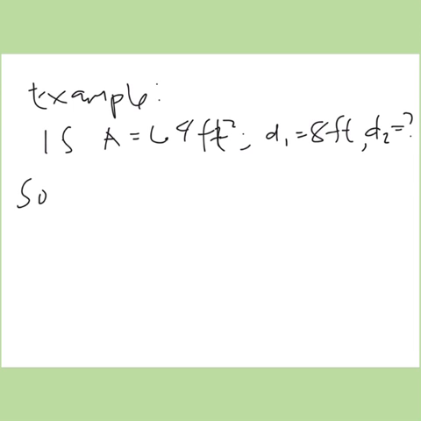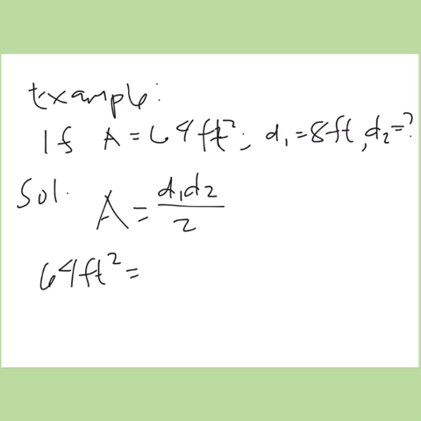So solution, using the formula again, area equals D sub 1, D sub 2 all over 2. So our area is 64 feet squared, while one of the measures of the diagonal is 8 feet times D sub 2 all over 2.